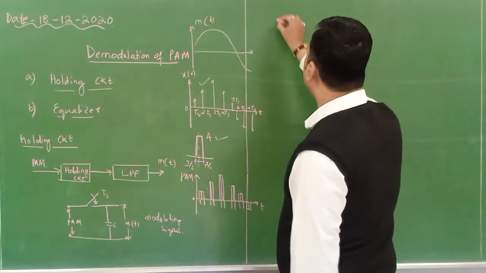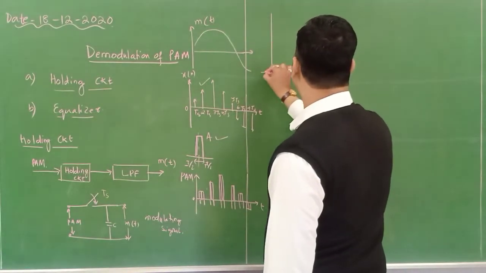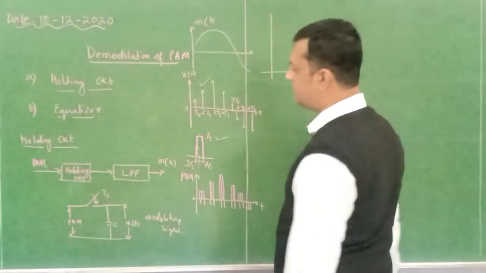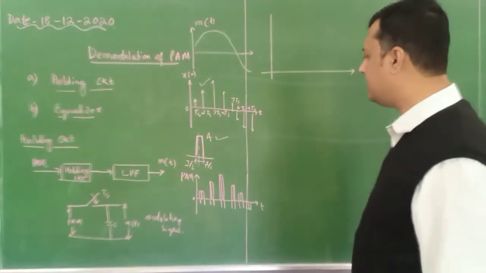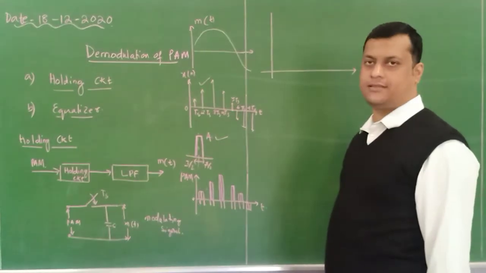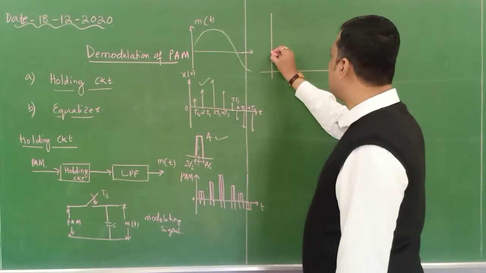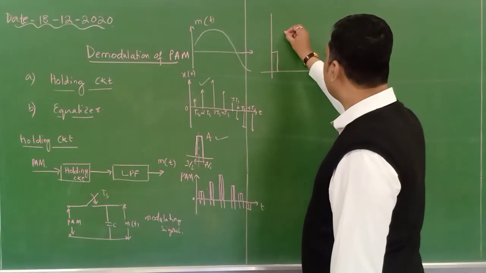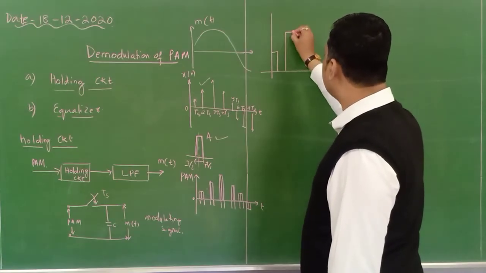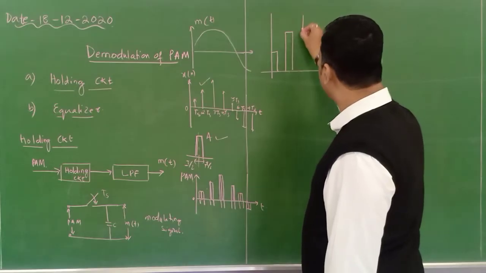Let us consider the pulses we are going to receive. Let us consider this is the pulse we are receiving. The pulse starts from here. This is another pulse. This is another pulse.